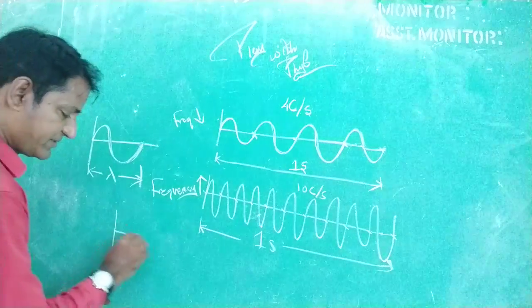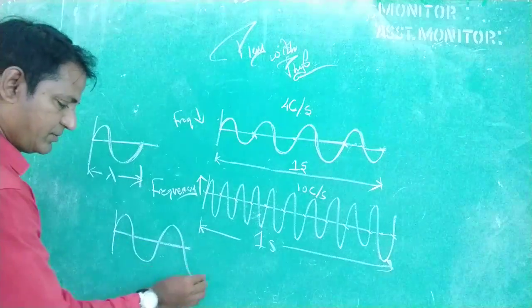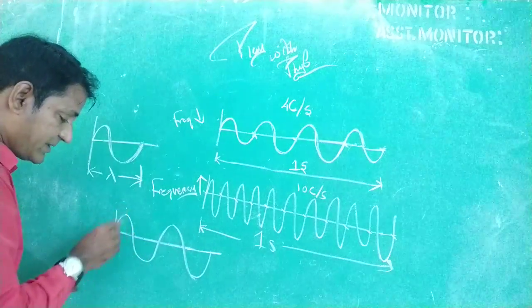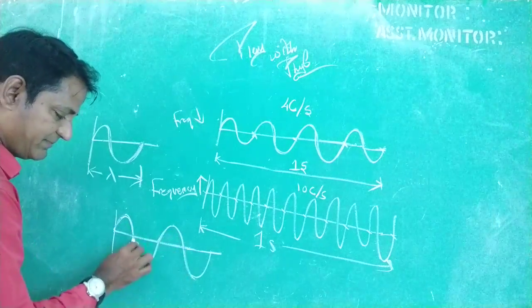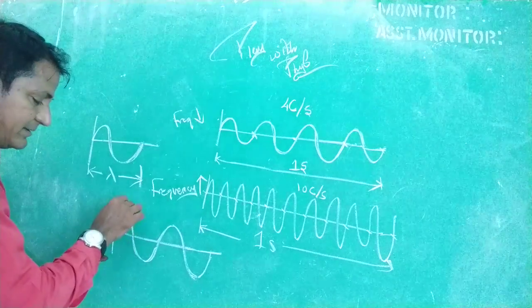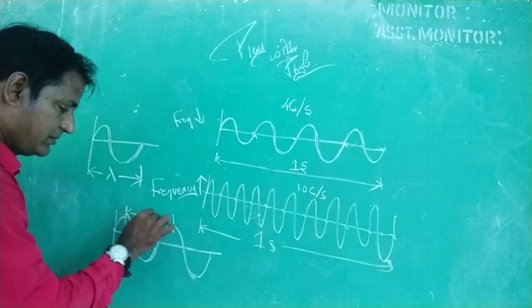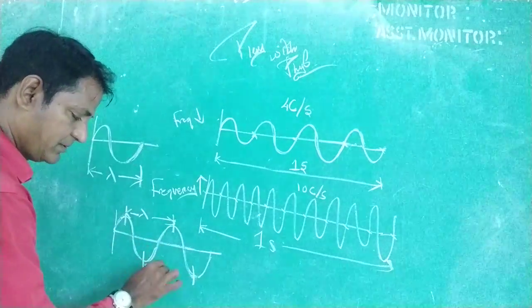Or I can also say, if you draw a wave like this, I can define wavelength as, if this is a crest part of the wave, and this is a trough part of the wave, then it is the distance between two consecutive crests or the distance between two consecutive troughs.